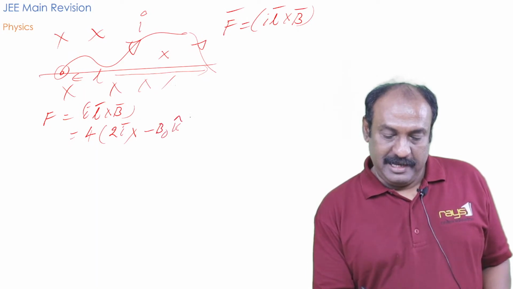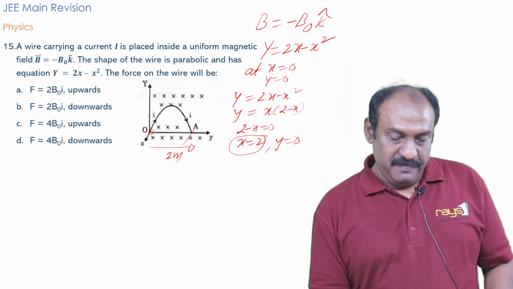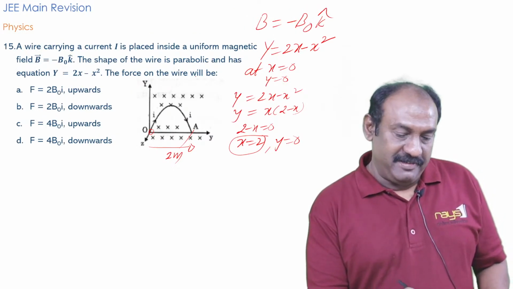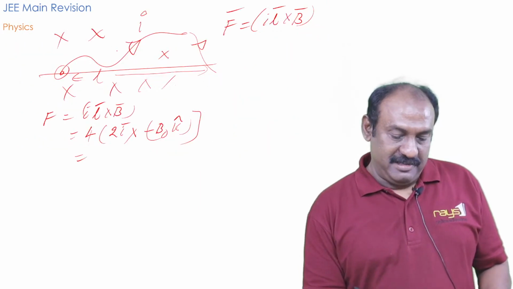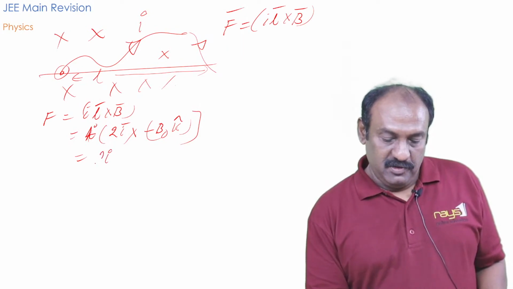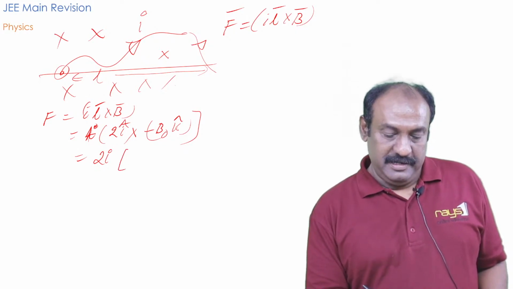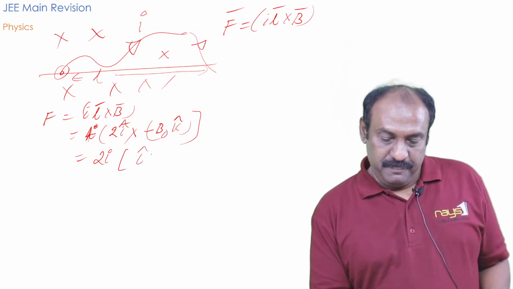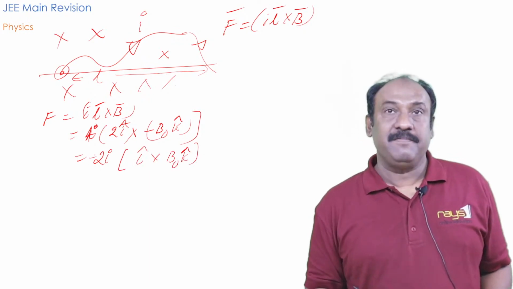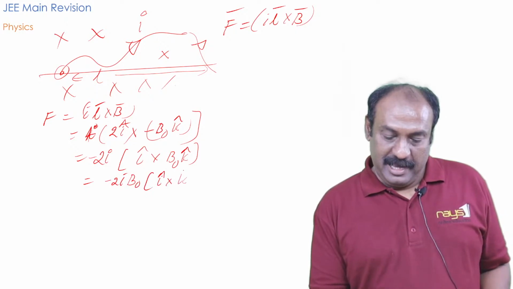So that equals minus I into 2i cap cross B naught k cap, and I put the minus outside. That equals minus 2I B naught into i cap cross k cap.